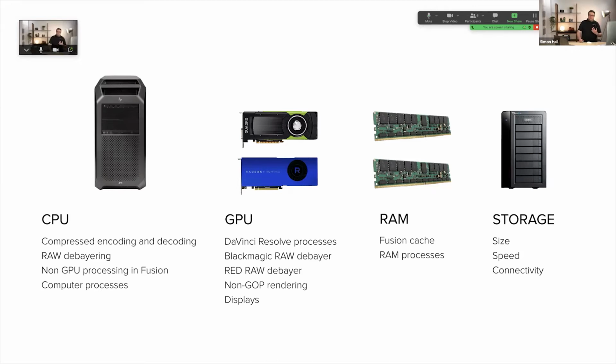For example, if you render DNxHR or ProRes out of Resolve, because it's a full frame format, it will accelerate that through the GPU. Now, admittedly, in Resolve 17, new NVIDIA graphics cards have the ability to accelerate H.264 and H.265 encoding through the graphics card, but it's only NVIDIA graphics cards and it's only certain ones.